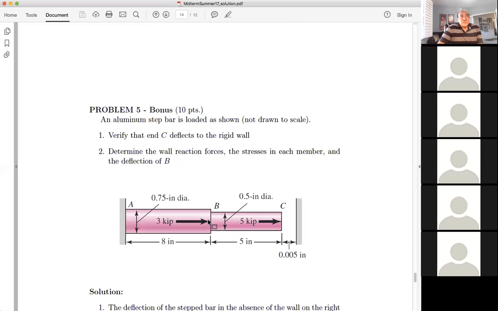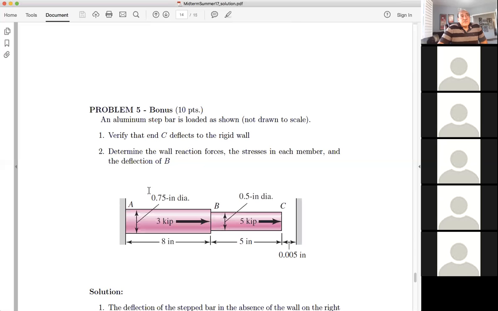Then if I move slightly left of B, I would see a pull of 5 and then an additional pull of 3. Therefore, the element within AB is going to see a force of 8. So the force distribution is going to be 5 here, then a step, and then 8 here.